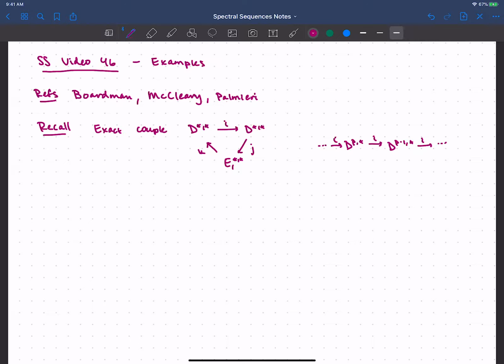Okay, and so we had this tower, and then we defined D_{-infinity}, comma star. This was our colimit over that diagram. And we had the inverse limit, D_infinity.